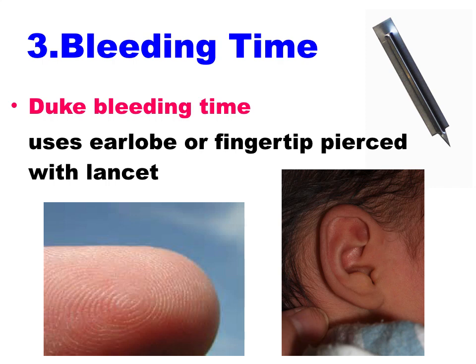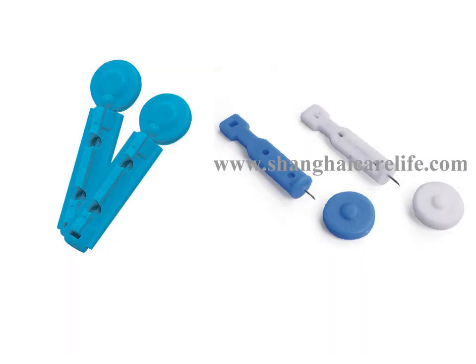For smaller children or babies, you can make use of the earlobe. These are the new lancets that we use. It is more standard in a way when you create a wound using this.